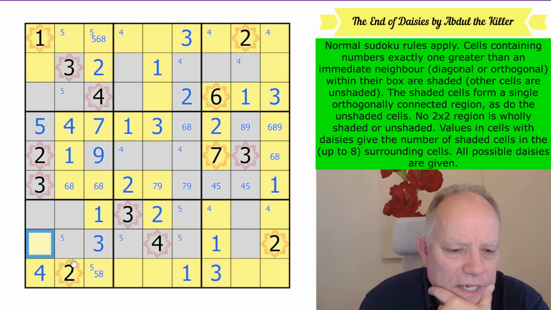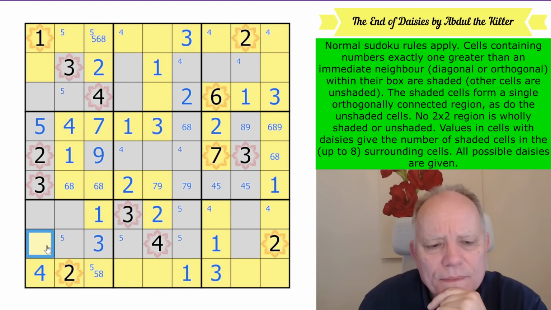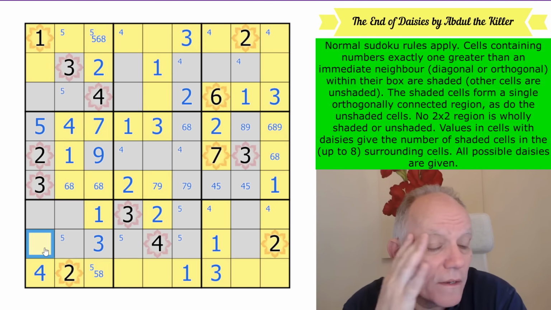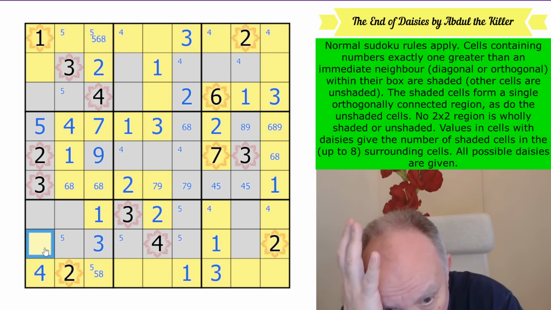But if that was 6, this would be 5. I don't think that could work. This can't be 6. Because the 7, I know that could work fine. Yeah, no, that's fine.